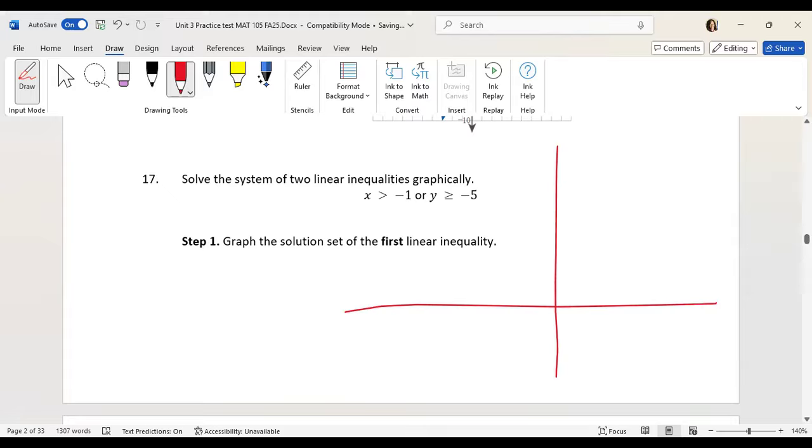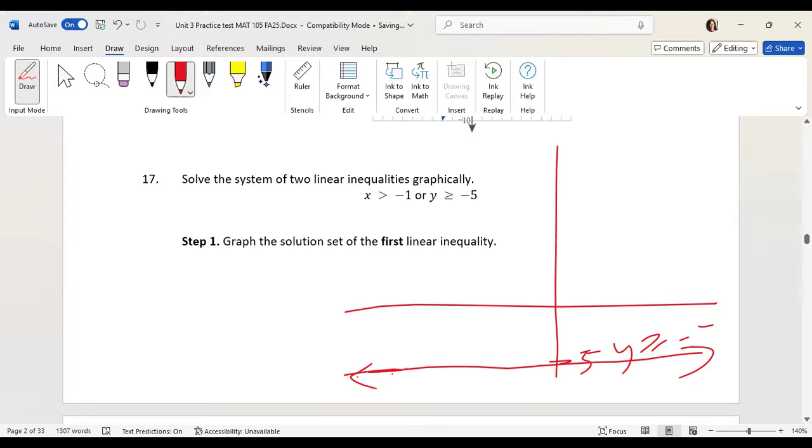We graph it as if it is y equals negative 5, so this is negative 5 here. But now we have greater than or equal to, so it's not going to be a dotted line. It has to be a solid line.